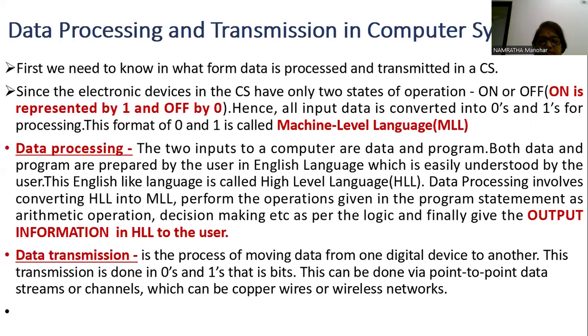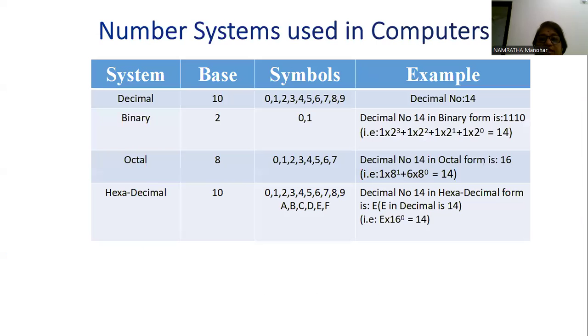That is, it has certain electronic devices, and all these devices are in two states, on or off. On is represented as 1, off as 0, or on is represented as true and off as false. So we should know what number systems can be supported by computer processing.